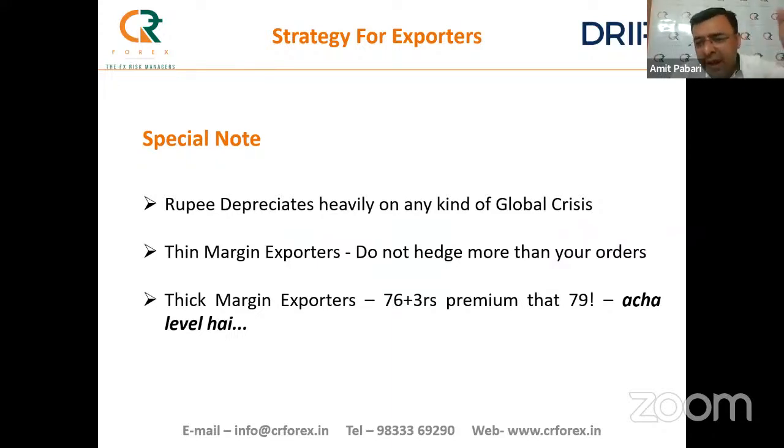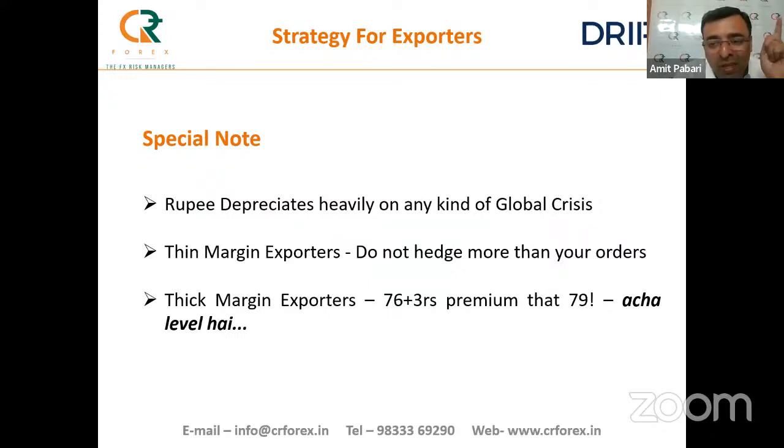RBI's reserves have increased. But even so, there are high chances that the currency can weaken by 3 rupees, 4 rupees, or 5 rupees. We have to keep a close eye on the Russia-Ukraine crisis, dollar index, and crude.